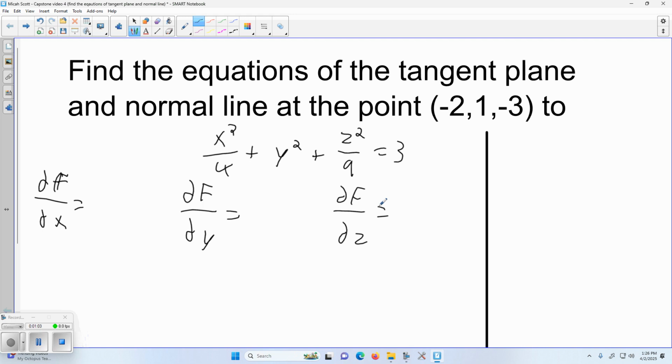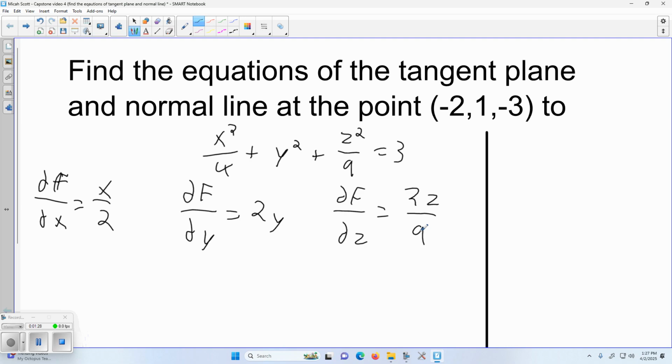When we do the partial derivative of this equation with respect to x, we have x over 2. With respect to y, we have 2y. And with respect to z, we have 2z over 9.